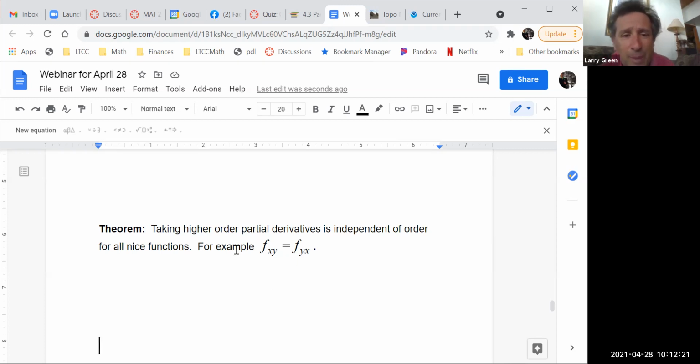A lot of times people will put them in a matrix, a 2x2 matrix for two variables. For three variables, you can have a 3x3 matrix. For four variables, you'll have a 4x4 matrix. It gets messy and big fast. Just let you know that. Any questions about this theorem? And this works for however many higher order you want.